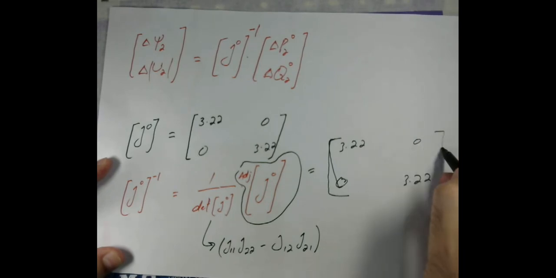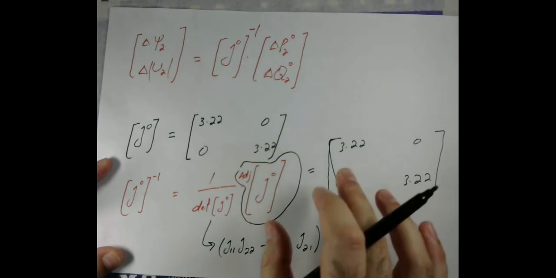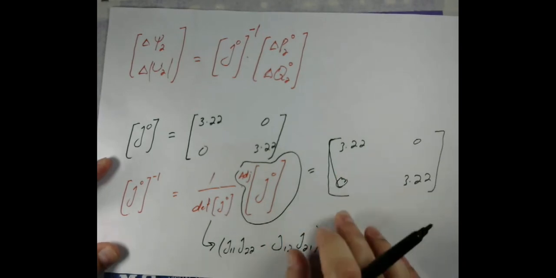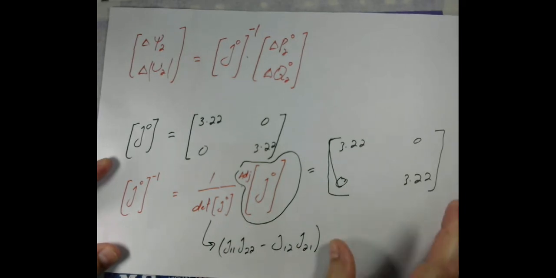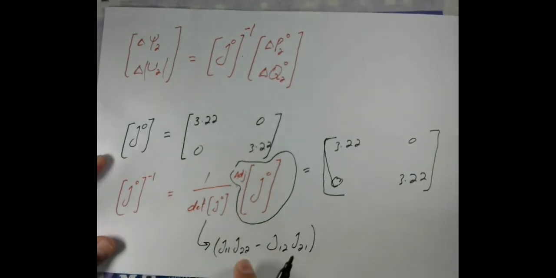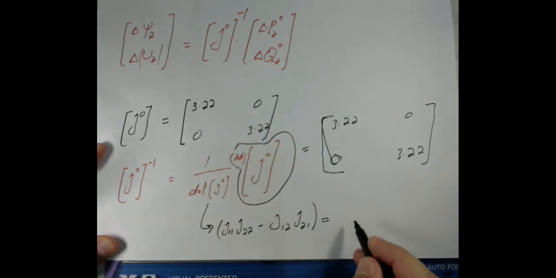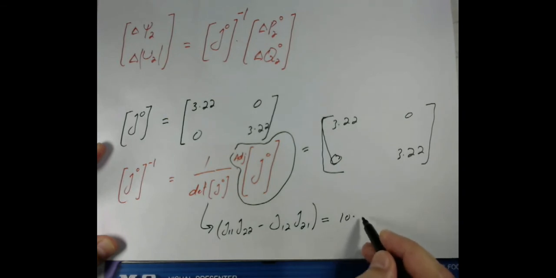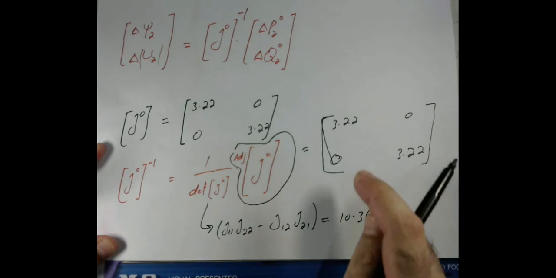Because these two terms are equal and these two are 0, nothing will change even after taking the adjoint. If we multiply these terms, the determinant will be equal to 10.3684.